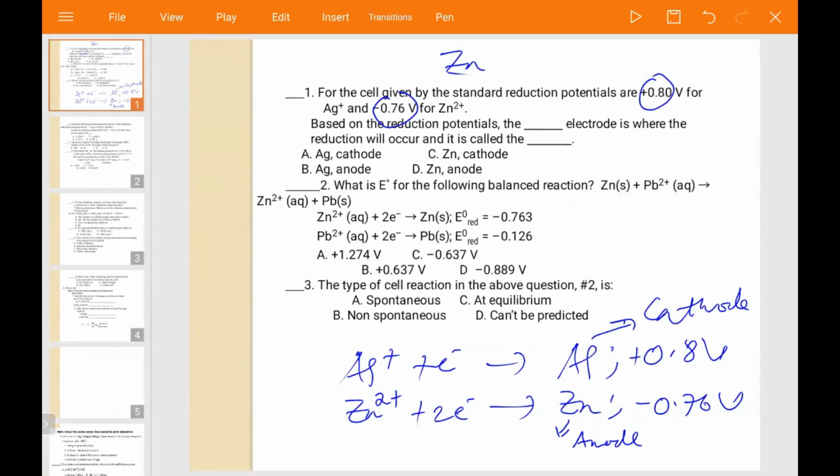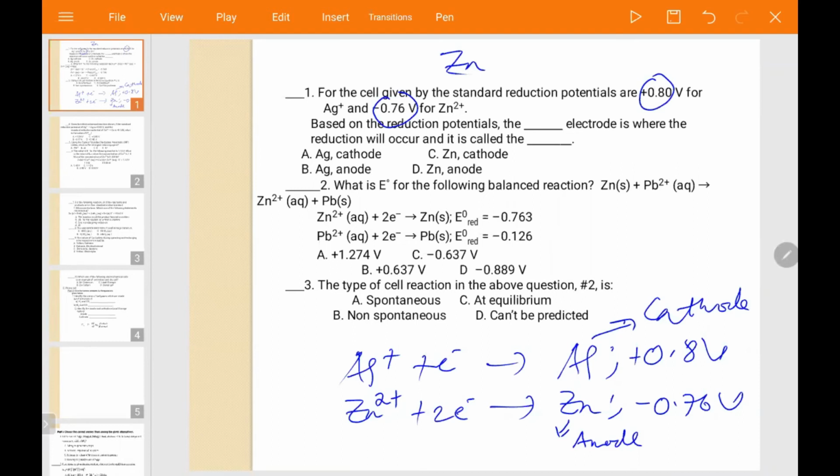So compare the two reduction values: the smaller one is the anode and the larger one is the cathode. It can be negative or positive; just compare the two values. So negative 0.76 is the anode and the larger value, 0.8, which is positive, is the cathode. Now we know that reduction takes place at the cathode.